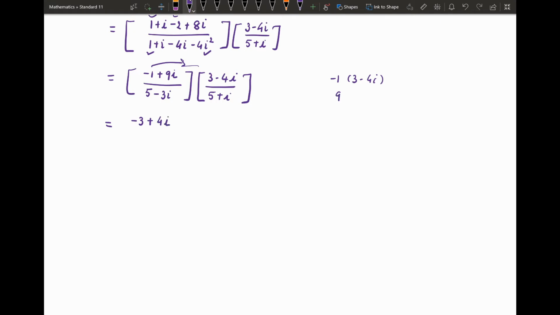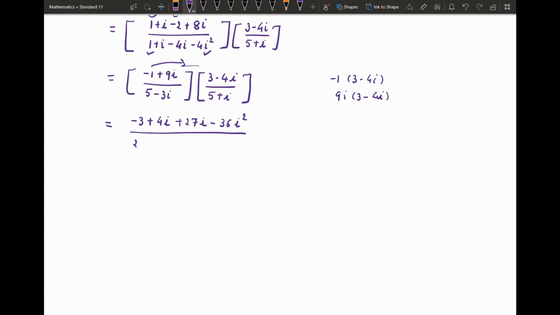Now 9i into 3 minus 4i, so 27i minus 36i square. Ordinary multiplication in numerator. Now multiplication in denominator.